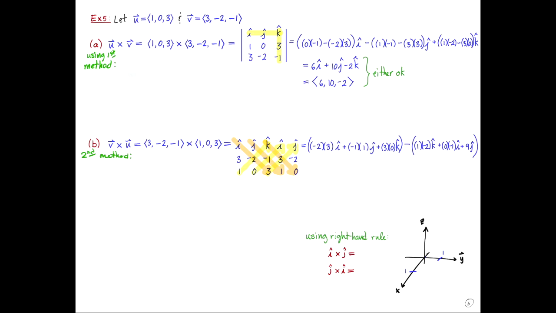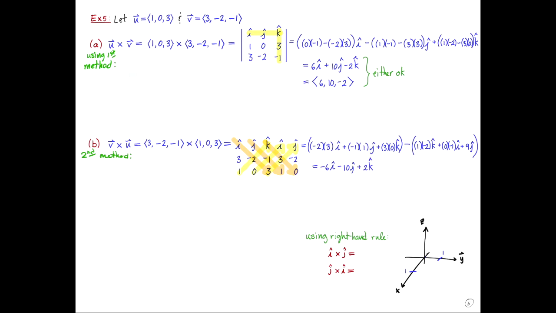Simplifying and grouping together our terms with an I, we have -6 minus 0, which is equal to -6 times I. For our j terms, we have -1j minus 9j, giving us -10j. For our k terms, we have 0k minus a -2k, giving us plus 2k.